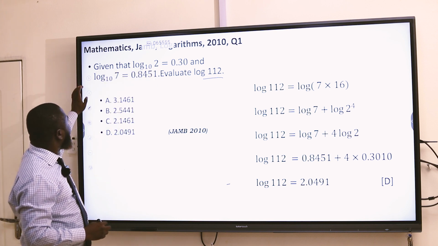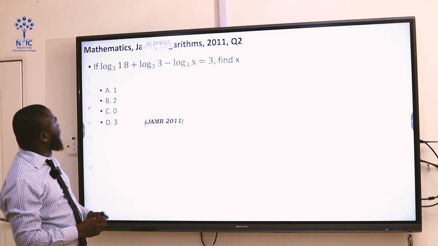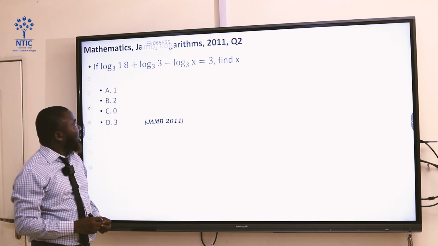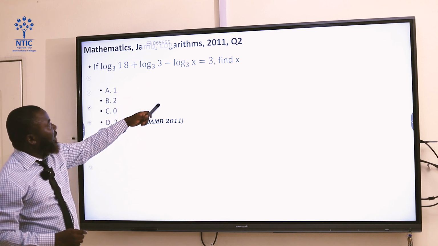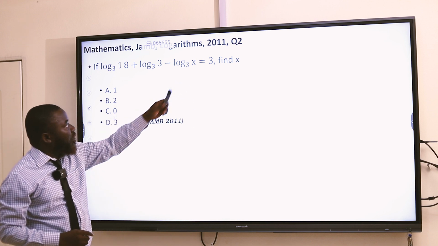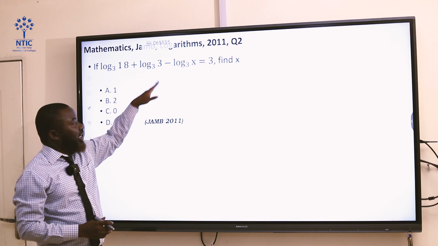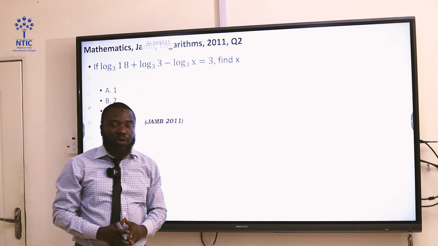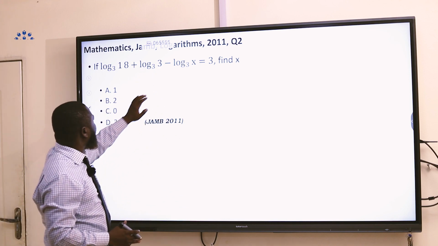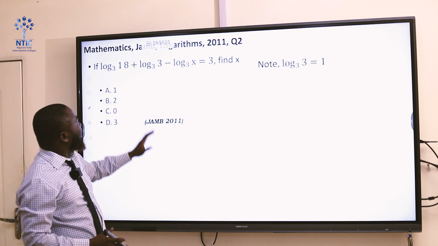Okay. The next question says log 18 base 3 plus log 3 base 3 minus log x base 3 equals 3. Now we all know that log 3 base 3, logarithm to its own base, is equal to 1. So we're going to change this one to 1.